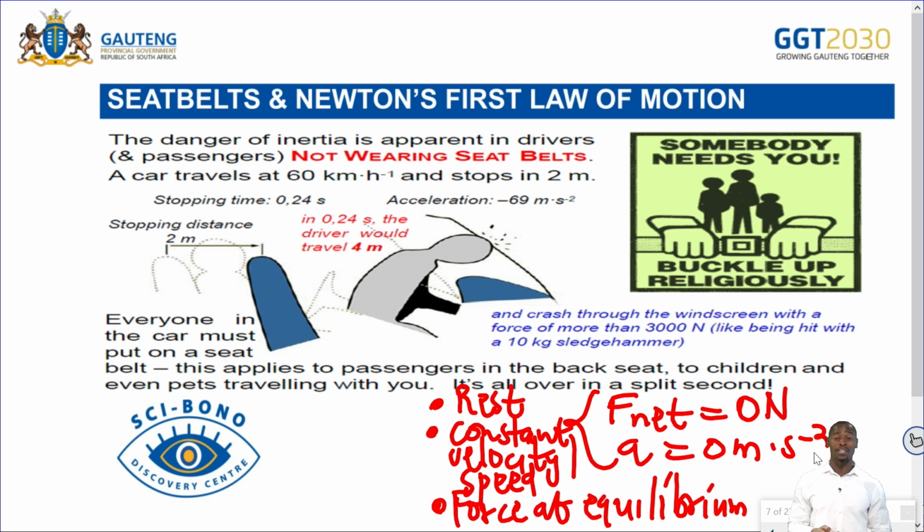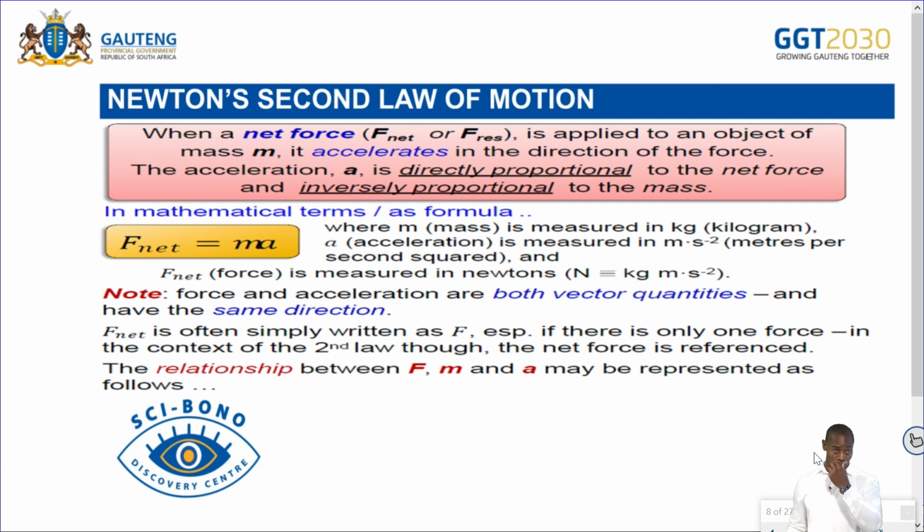To show that we are talking about a force, or the acceleration, give the correct SI units, even if the magnitude is 0. So for Newton's first law: object is stationary, constant velocity, forces at equilibrium, F net is 0 newtons, and the acceleration of that object will be 0 meters per second squared.